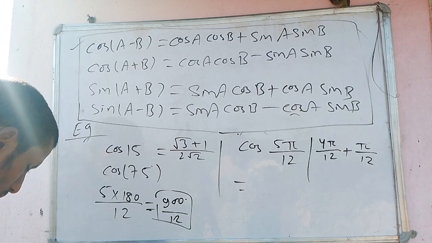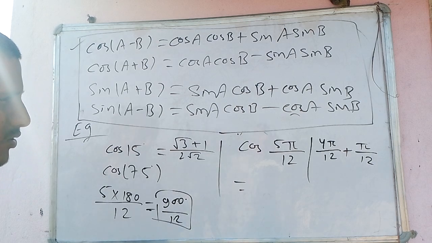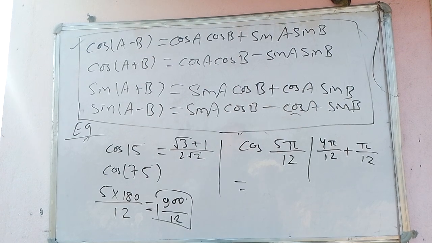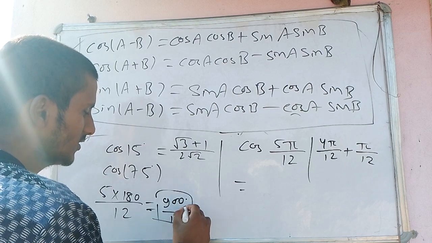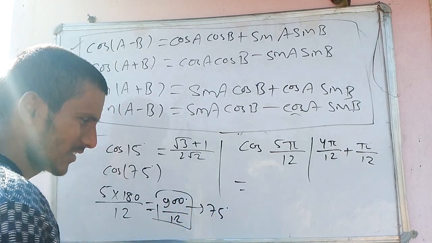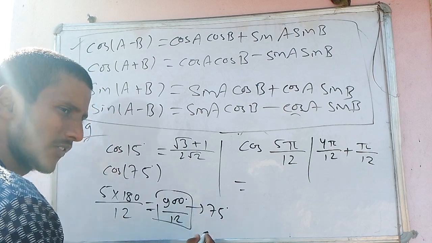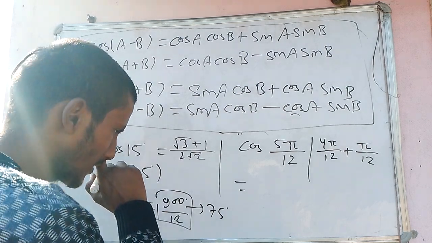If you have pi over 12, what is that going to be? 180 divided by 12. Okay, so this was made a little tricky. So this is the same thing as 75 degrees. If you see it carefully, this is the same thing as 75 degrees.